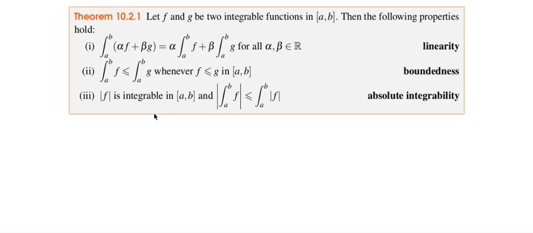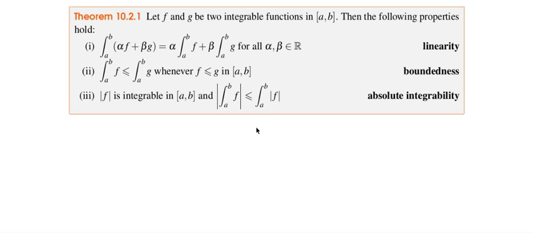Okay. Now, if g is greater than f for all points in [a, b], then this integral will be greater, and then if f is integrable, then the absolute value of f is integrable. And this is a very interesting inequality: the absolute value of the integral is going to be smaller or equal than the integral of the absolute value of f.